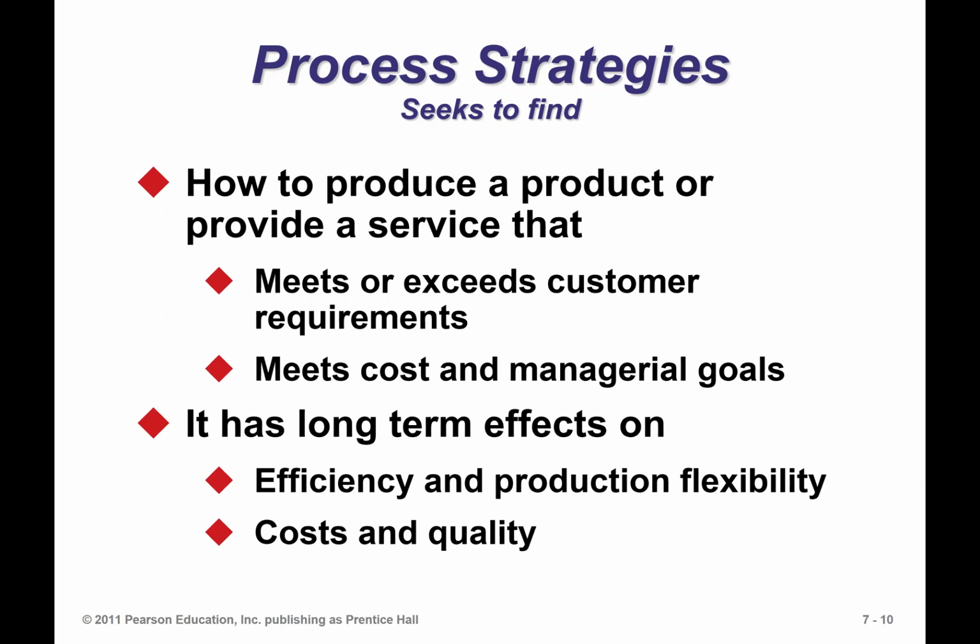It has long-term effects on your efficiency and production flexibility, cost and quality, right? So process strategies have long-term effects on your efficiency and productivity flexibility, as well as your cost and the quality of the product or service that you're producing, okay?